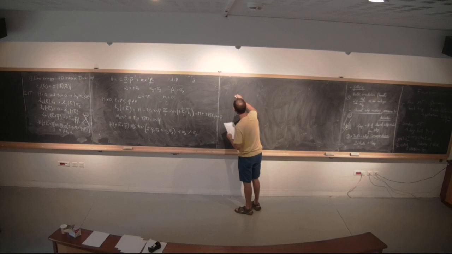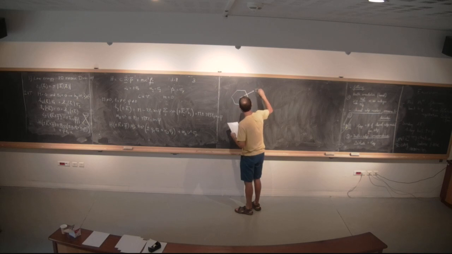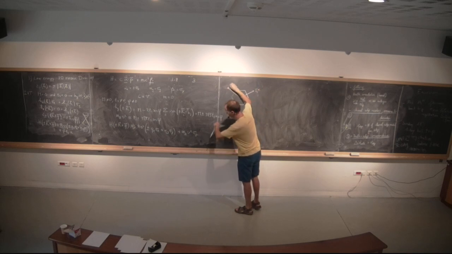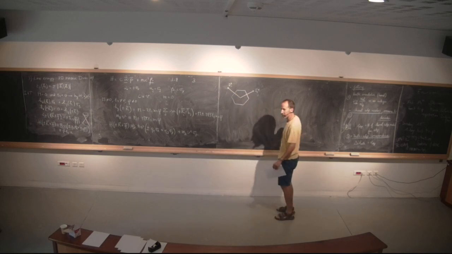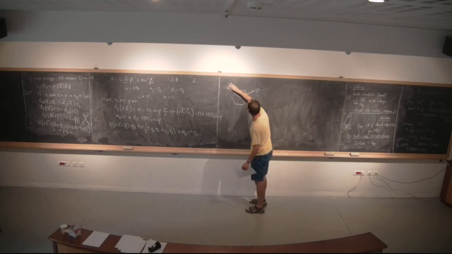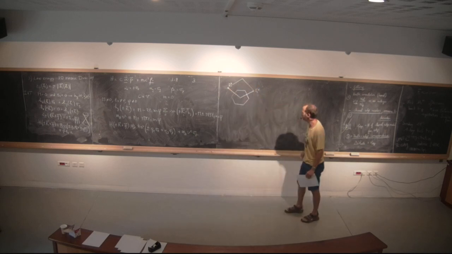So instead of working with the Brillouin zone like this, I take an alternative Brillouin zone. I take it like this, simply like this. It should be a parallelogram or a rhombus.